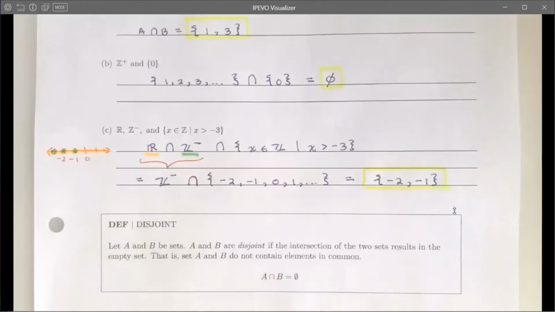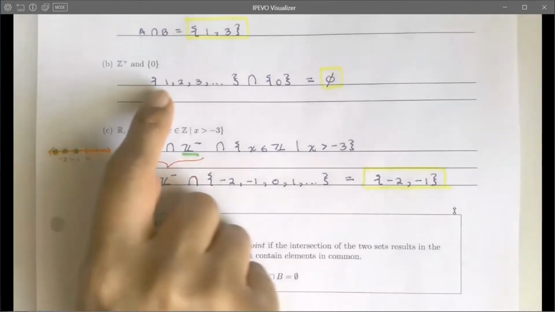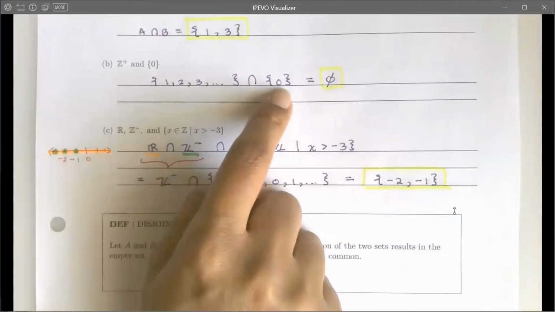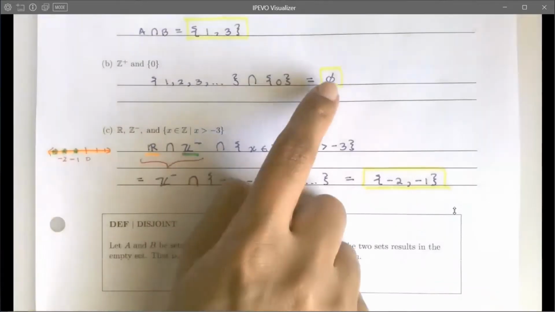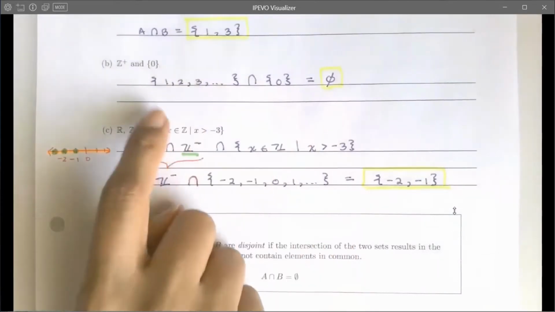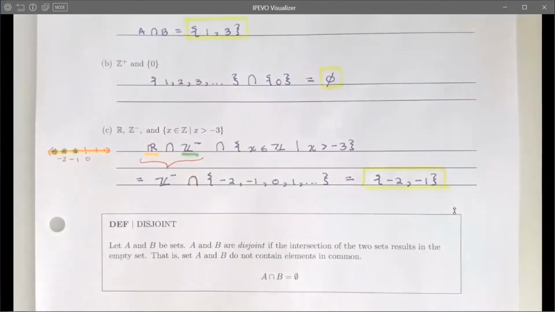And we already saw an example of that in part B of example 15. If you take the intersection of the positive integers with the set containing 0, no elements were shared in common, so we got the empty set. So that means that Z plus and this set are disjoint.